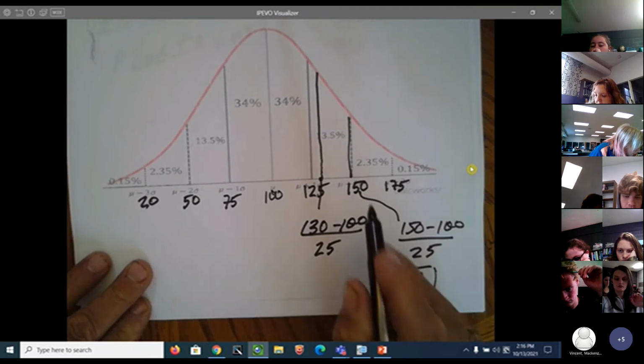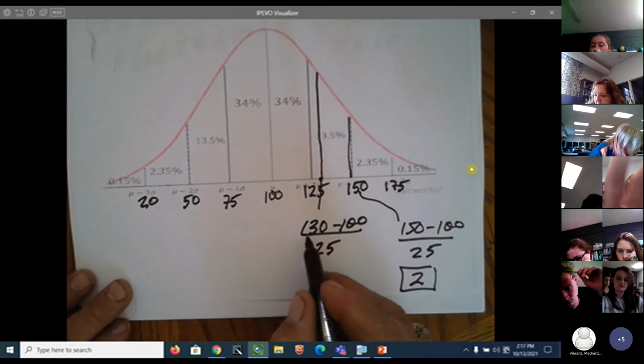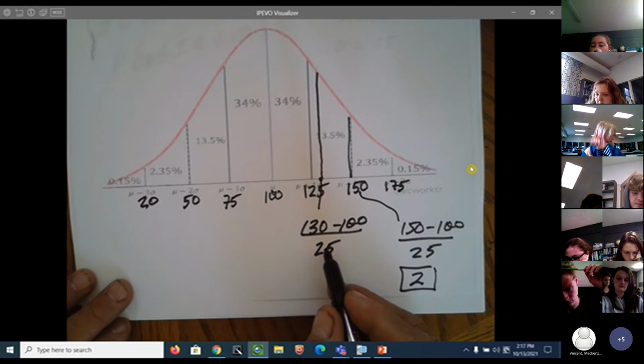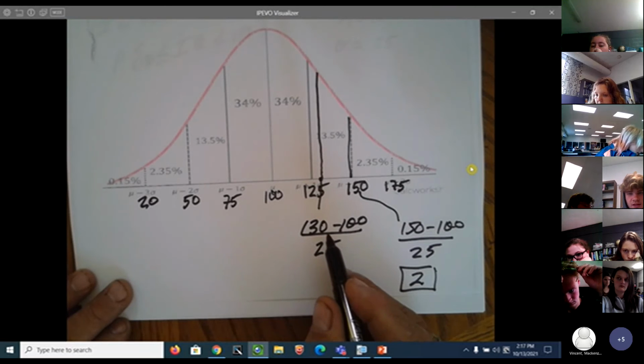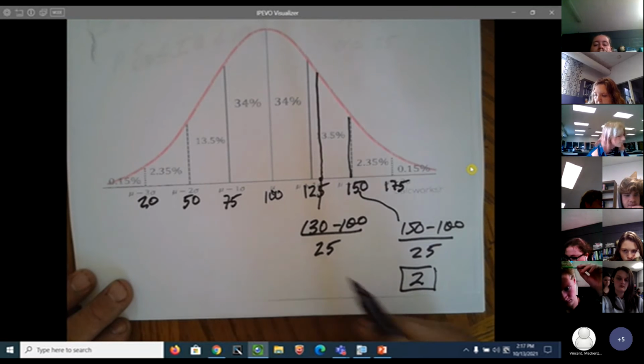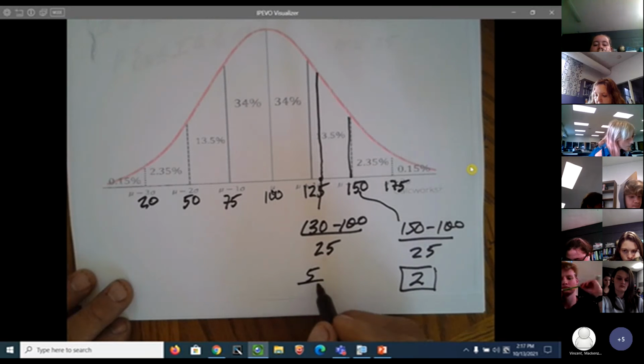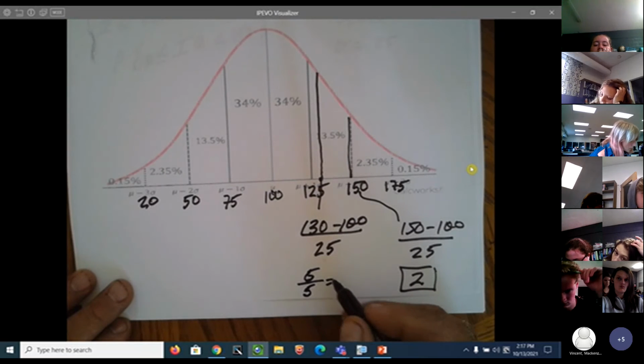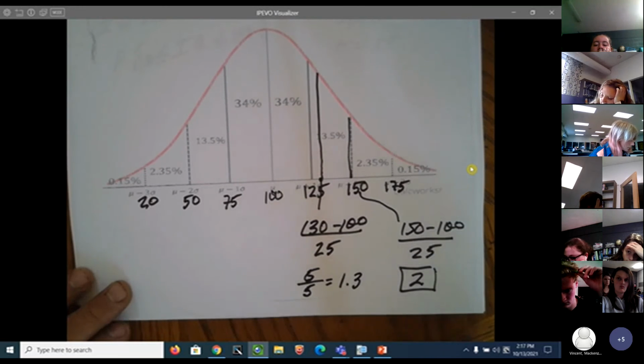So we know that z-score is a 2. And 130, that's going to be 30 over 25, which is 6 over 5, about 1.2.